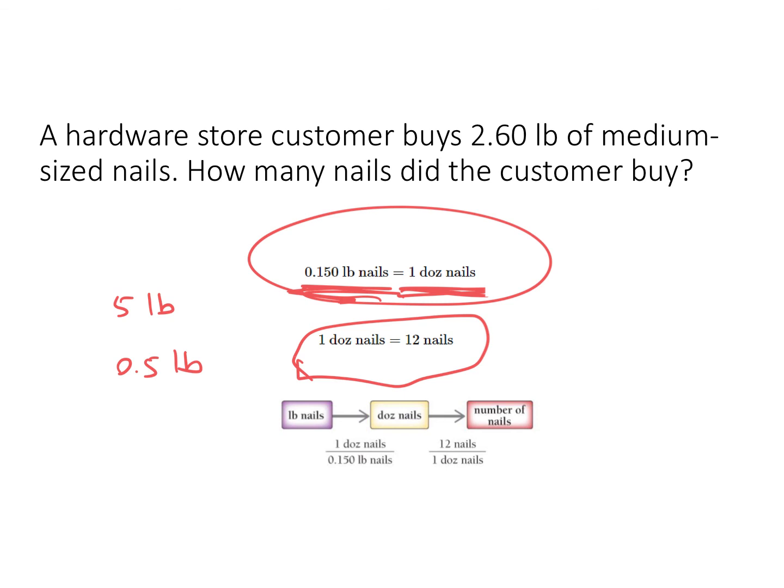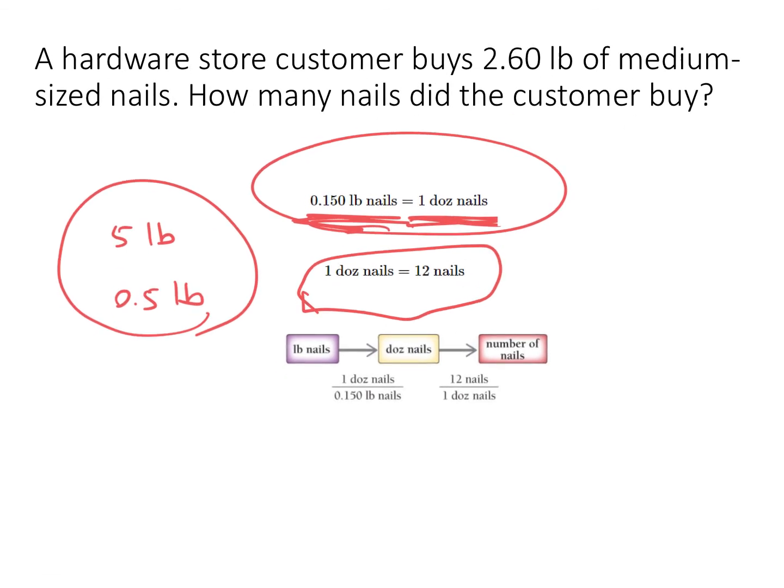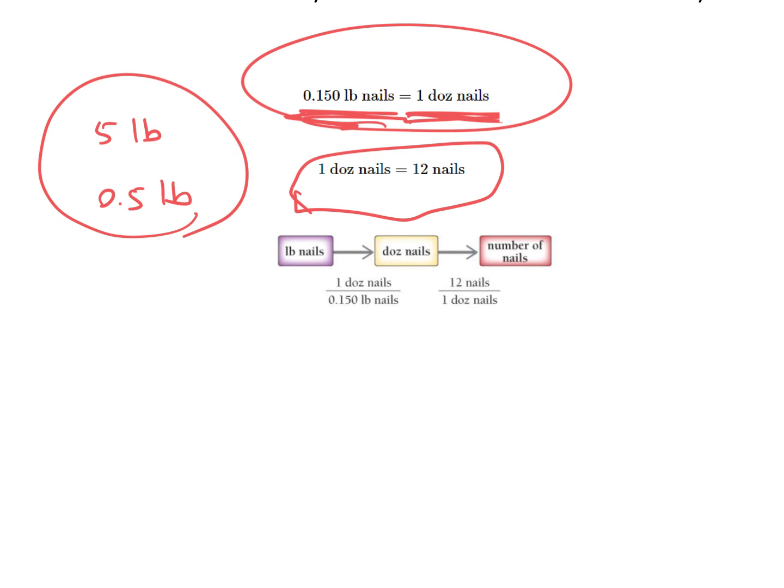So whatever the grams or pounds you purchase, depending on what system of units you're working in, you can convert to numbers. So for instance, if I say that I purchased 0.5 pounds of nails, how would I know the number of nails I bought?